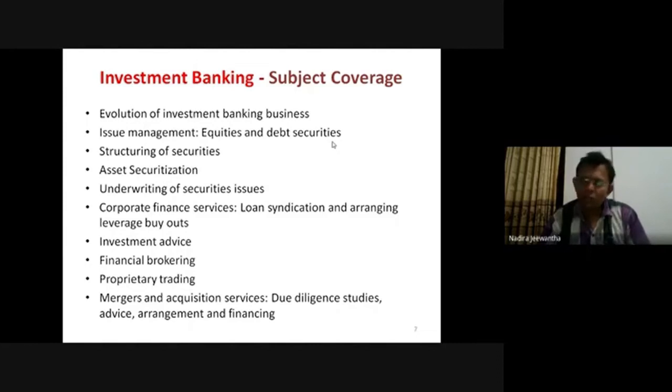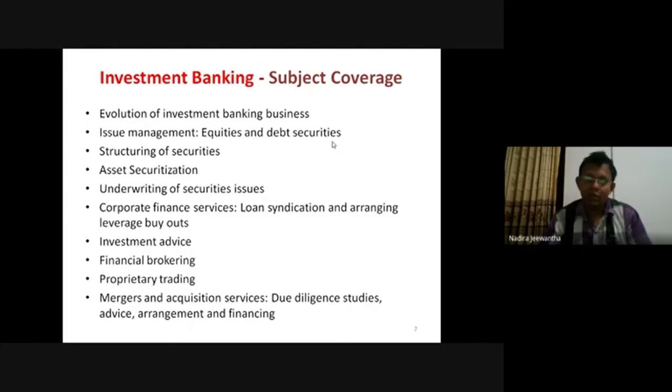Financial brokering is also similar. Brokering is actually a legalized profession in terms of this, right? And what else is brokering involved in? The arrangement fee. When you talk about international funding arrangements, like loan syndication, now the government of Sri Lanka is planning to issue ISBs, international sovereign bonds.